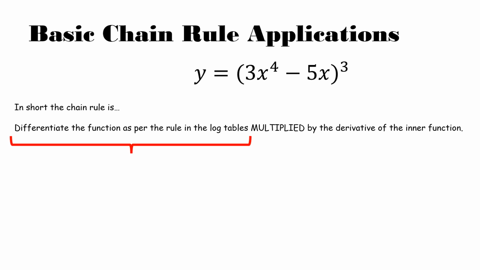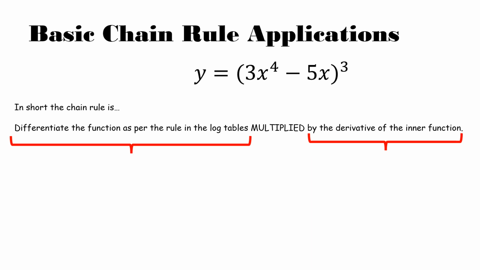Okay, so that means the whole thing. So what we have here is 3x to the power of 4 minus 5x, all to the power of 3. Differentiating that means bring down our power, then take one away from our power. Okay, then we're going to multiply that by the derivative of the inner function. So we're going to multiply that by what's inside the bracket, and we're going to make sure that that's differentiated.